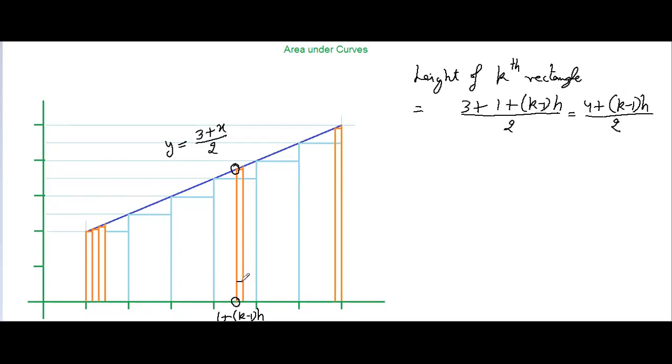Width of each rectangle is how much? h. You remember that? Width of each rectangle is h. So area of kth rectangle is equal to h multiplied by this quantity, 4 plus k minus 1 times h divided by 2.